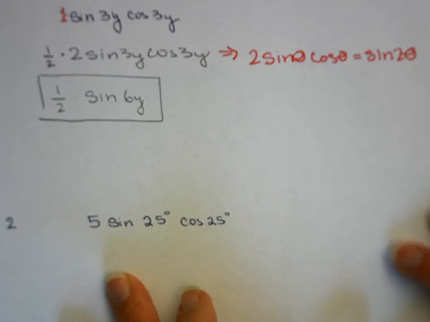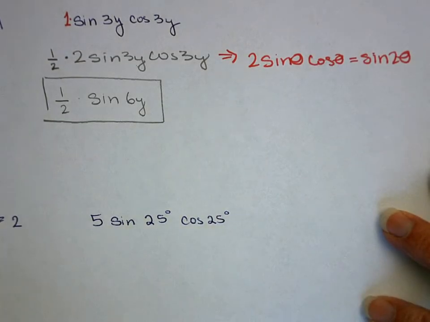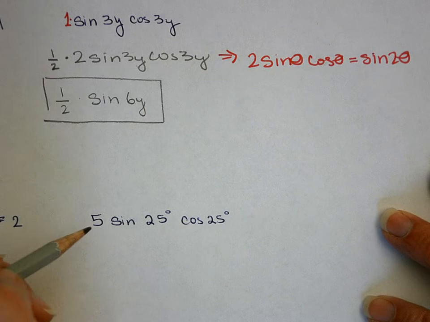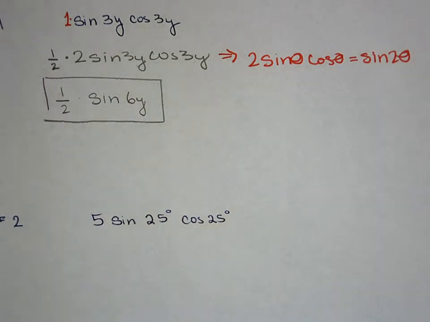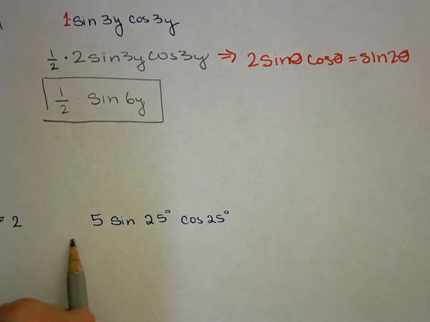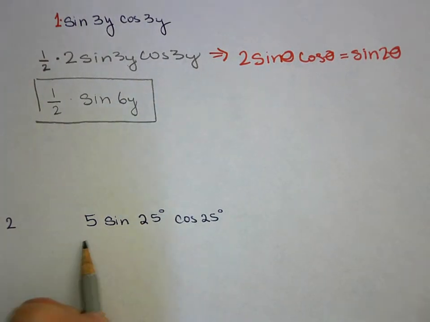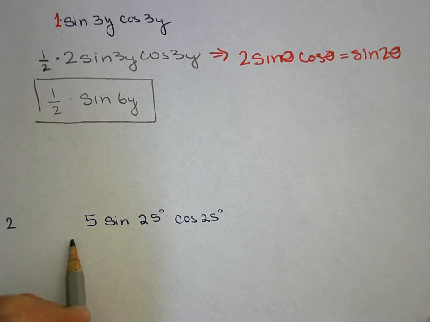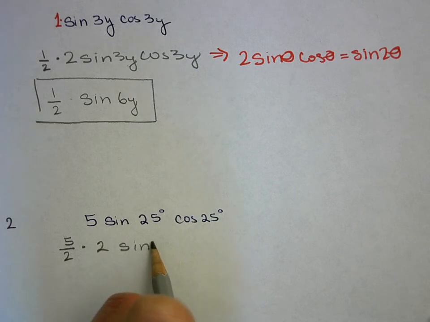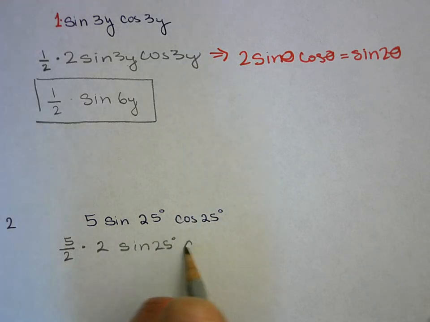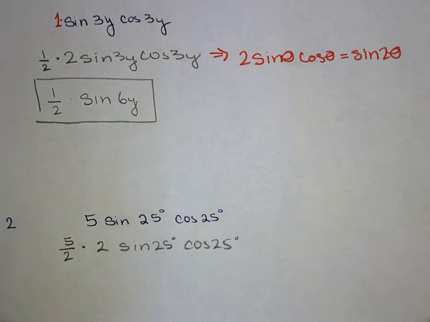All right, and then let's take a look at 2 more here. So this one here, I have that 5, right? So I can't have a 5. I need to have 2 times something. So I know that could be 2.5. So half of 5 is 5/2. So all I did was rewrite 5 to be 2 times something.